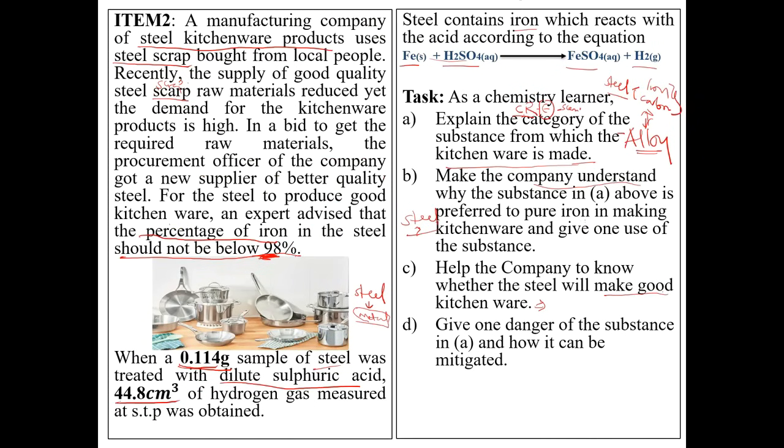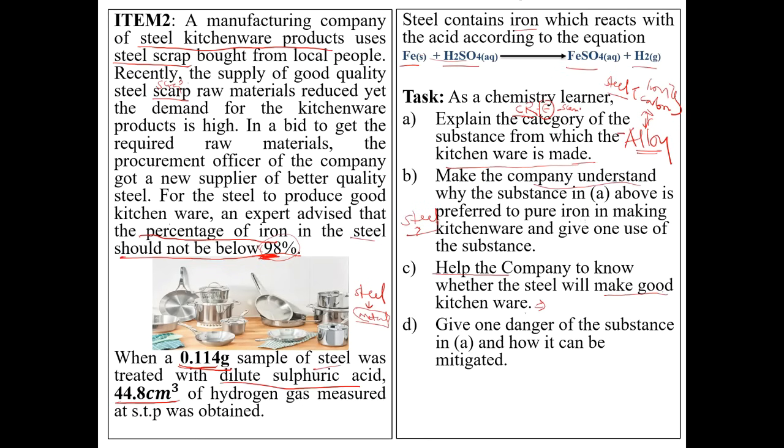We need to go back and we calculate. Part C, they said help the company to know whether the steel will make good kitchenware, which means we need to calculate whether the iron present in steel will give us the actual percentage.